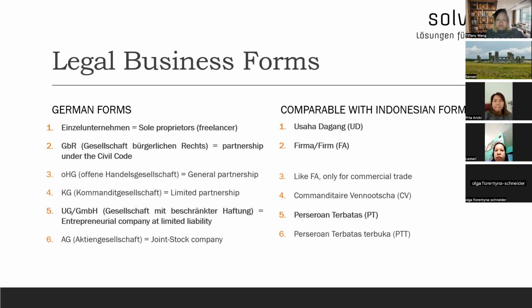That's why it's not so necessary to talk more about it. The most important ones would be, in your case, the Einzelunternehmen, if you would make it only, and the GbR if you would make it with other people, or the UG or the GmbH, the Gesellschaft mit beschränkter Haftung. It's the PT in Indonesia.